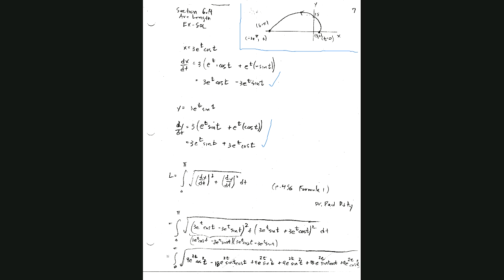All right. And now, here's our arc length formula. Okay. And in my book, it's on page 456. But in the MindTap in the ebook, I don't know what page it is, but it's in section 6.4.